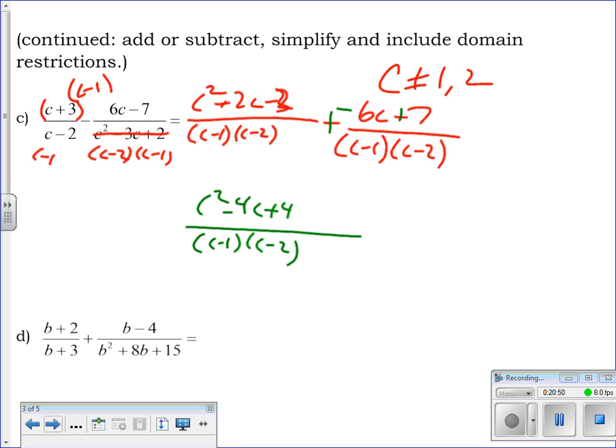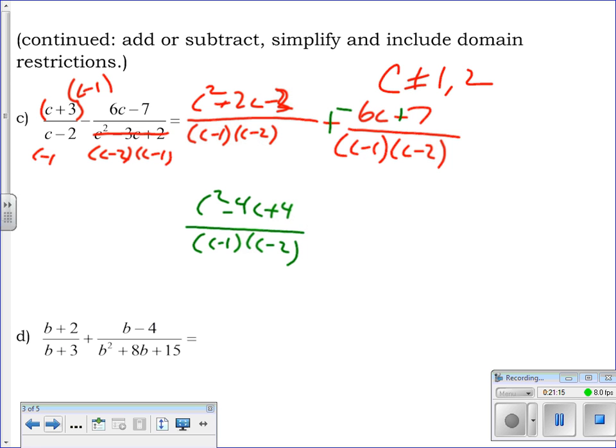Now comes the fun part. Can I factor my numerator? Two numbers that multiply to give me positive 4 that add to give me negative 4. Is it factorable? Yeah. Negative 2 and negative 2.